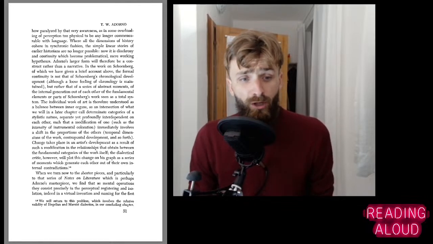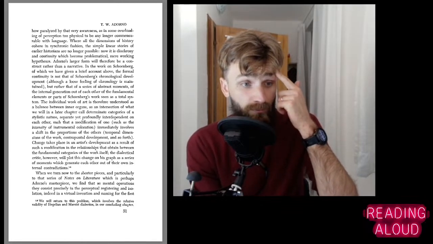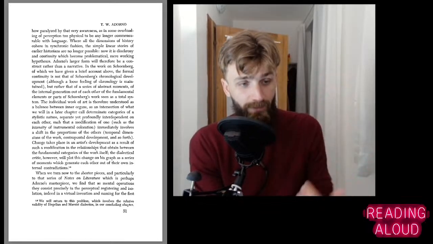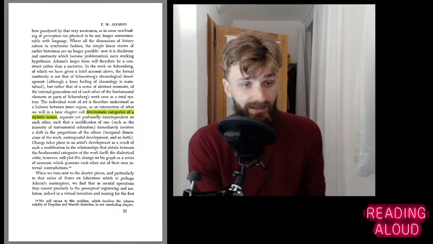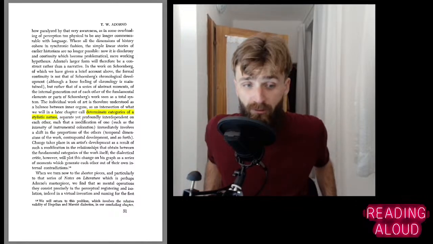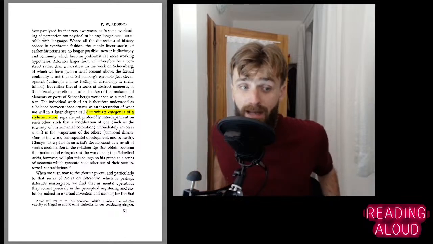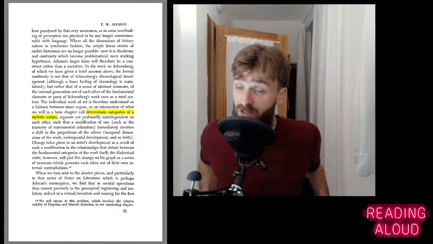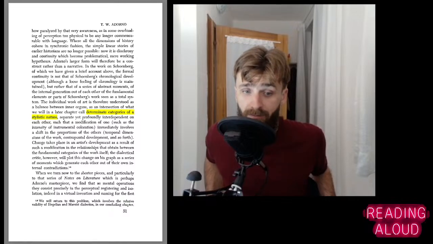The individual work of art is therefore understood as a balance between inner organs, as an intersection of what we will in a later chapter call determinate categories of a stylistic nature, separate yet profoundly interdependent on each other, such that a modification of one, such as the intensity of instrumental coloration, immediately involves a shift in the proportions of the other, temporal dimensions of the work, contrapuntal development, and so forth.